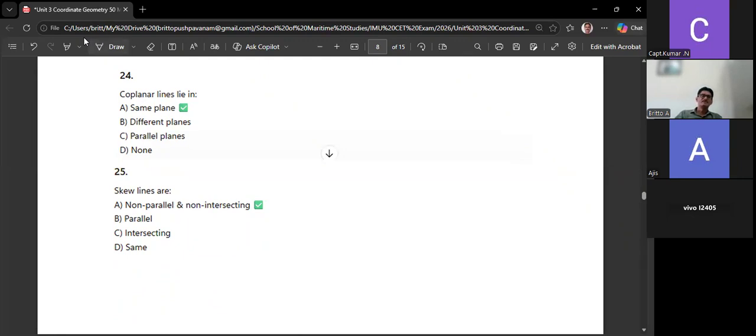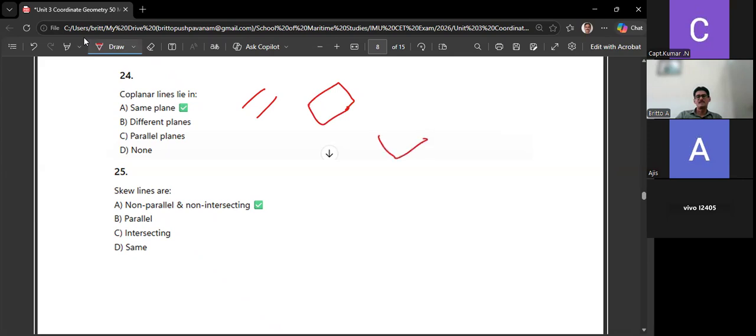Parallel means parallel lines; we are talking about only lines. When you talk about planes, if they are parallel, then it is called coplanar. Two planes means one plane is like this, another is like this. When the two planes are parallel, it is called coplanar. Not only two, but three, four, etc. When many planes are parallel, then it is called coplanar.